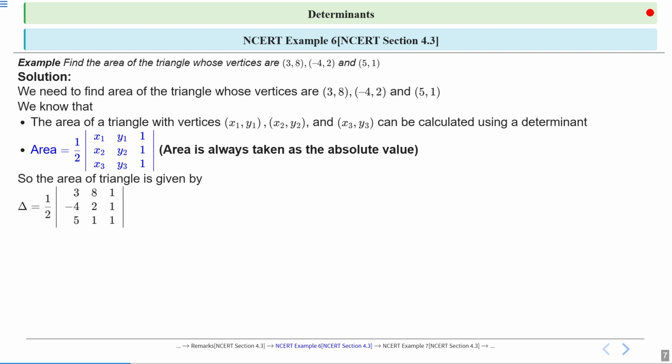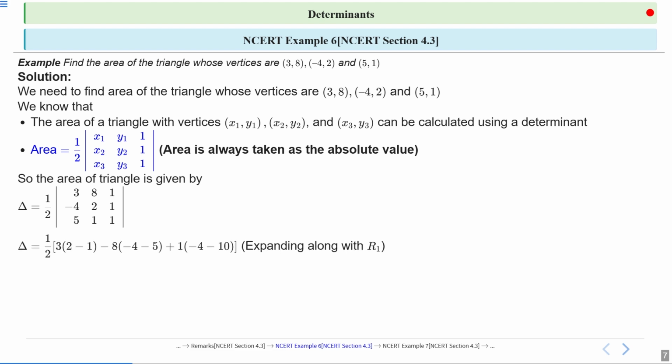The first vertex is (3, 8), so in place of x1 just put 3, for y1 put 8, 1, then -4, 2, 1, then 5, 1 and 1. And just find the value of this determinant and multiply with 1 by 2. We get the area of the triangle with vertices (3, 8), (-4, 2) and (5, 1).